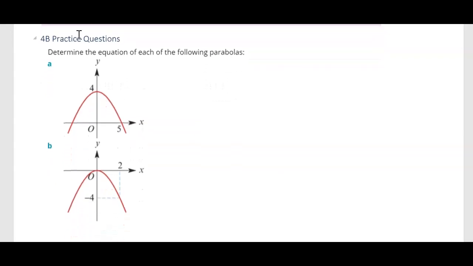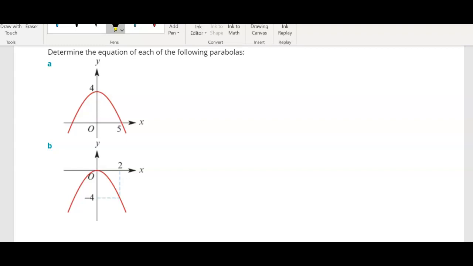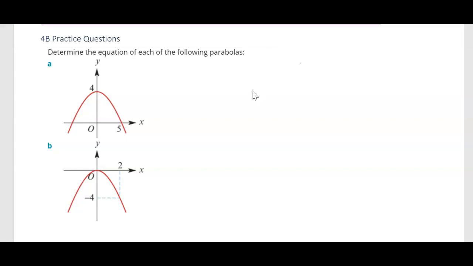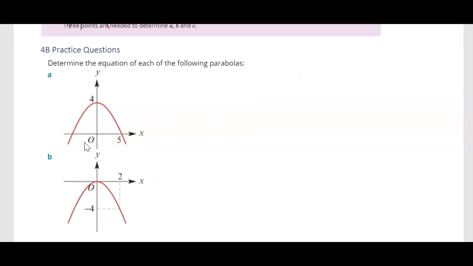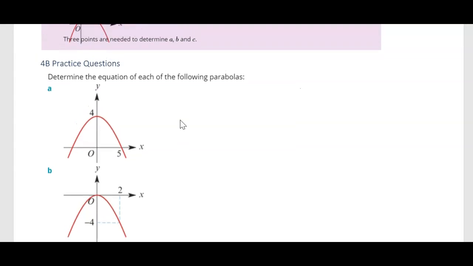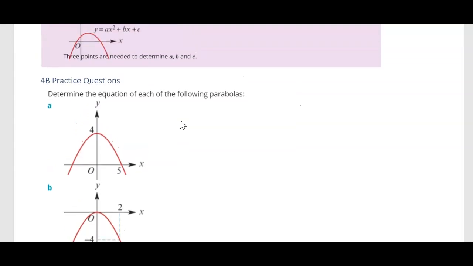All right, so let's go through some questions in 4B. I'm just going to get a pen ready. You can go back up and have a look and see which one this relates to. I can actually see what this point would be.